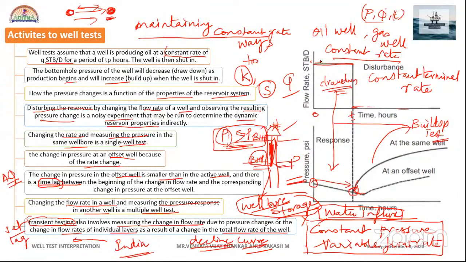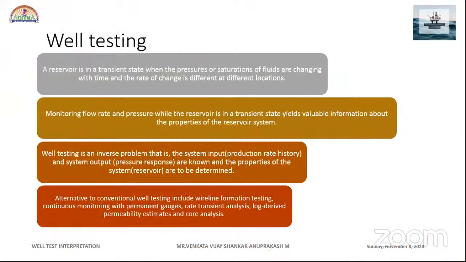See, because of maintaining this, we are getting this response. So here in well testing, we need to check it from the point of view of flow rate only. When you're talking about water influx, we'll talk about that keeping pressure as constant. But here we are concerned with only constant flow rate or constant terminal rate.